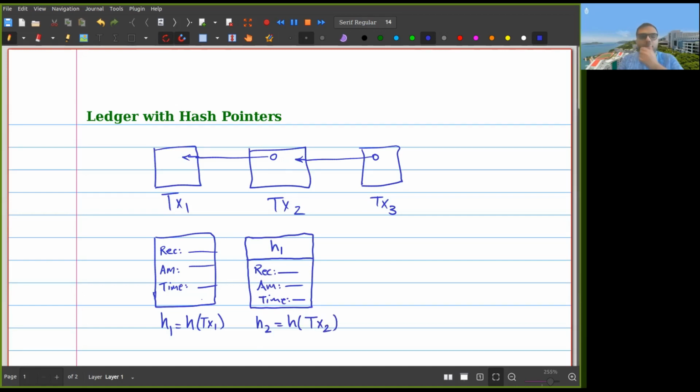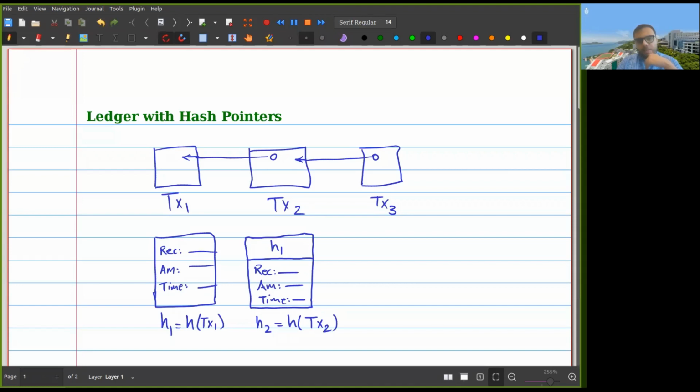So you see, the point here is that if I ever want to change transaction 1 later in the future, then changing transaction 1 would change the hash of transaction 1, which was H1. But this hash was written somewhere in transaction 2, so I have to change that pointer there in transaction 2, but that changes the string that encoded transaction 2. So this changes the hash of transaction 2.